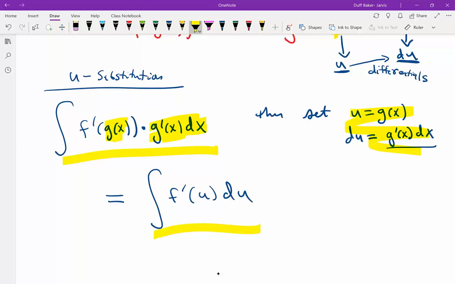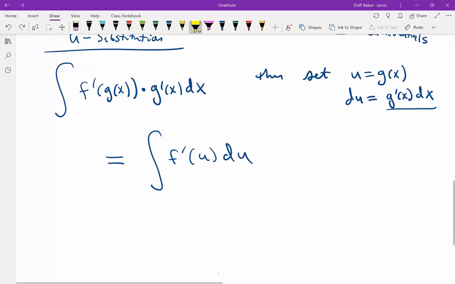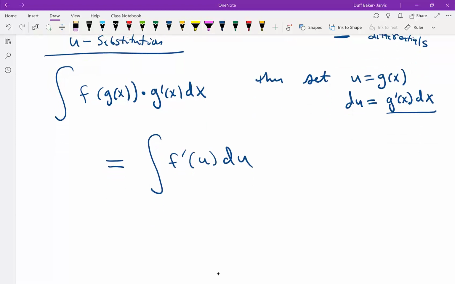Now, it turns out you can go even a little bit further. This also works if you remove the prime here, so you didn't need f to be a derivative already. So here's the final formula. This is what we're going to be using.